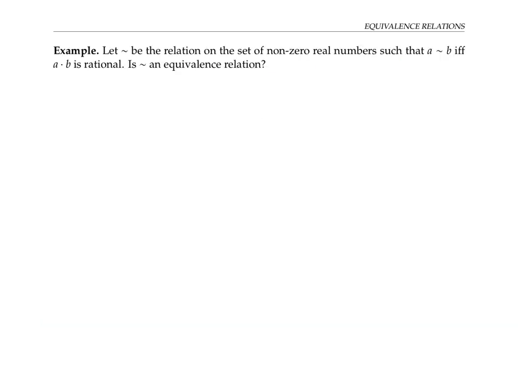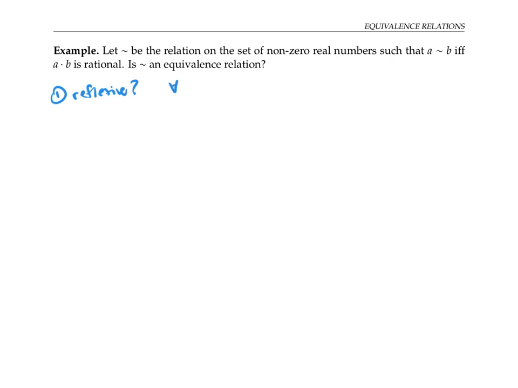Let's try another example. This time, let tilde be the relation, again on the set of non-zero real numbers, and this time A is related to B if A times B is rational. Is tilde also an equivalence relation? Let's check. First, we'll check reflexive.